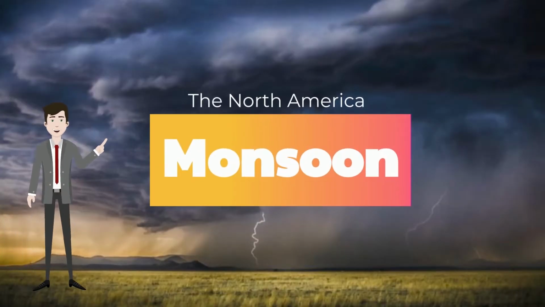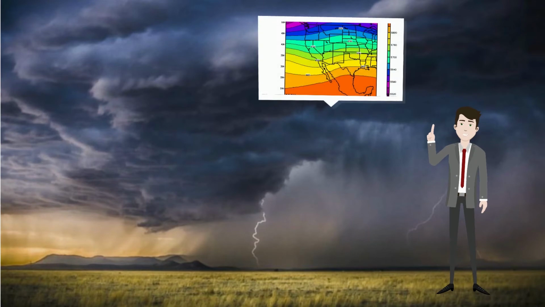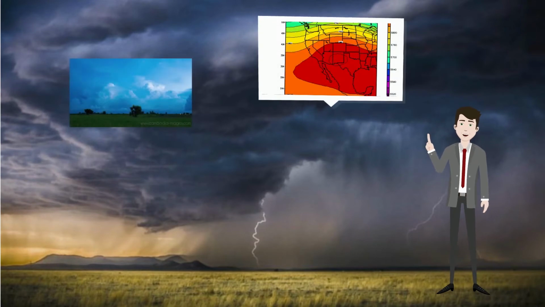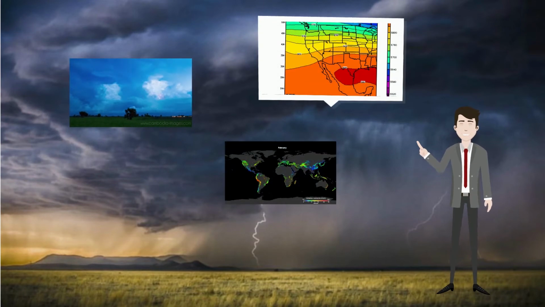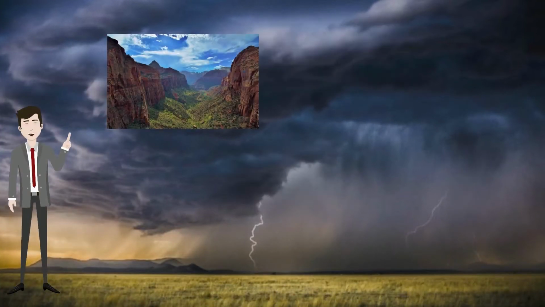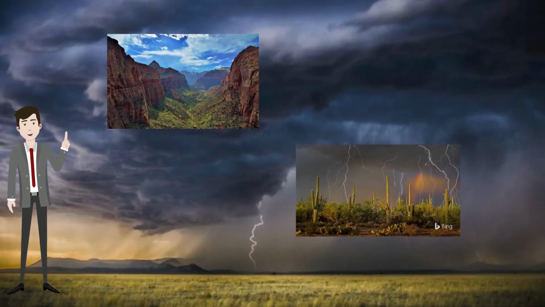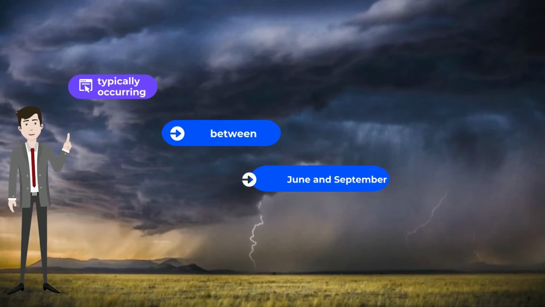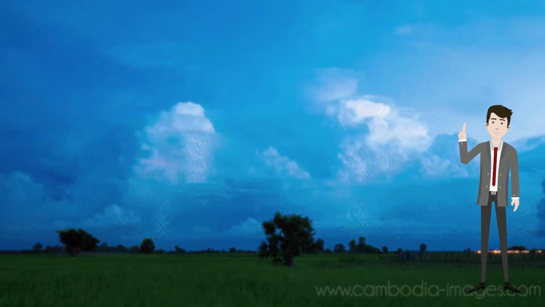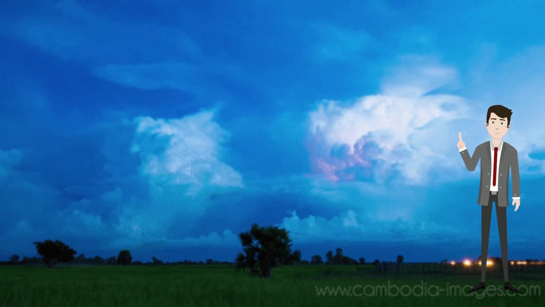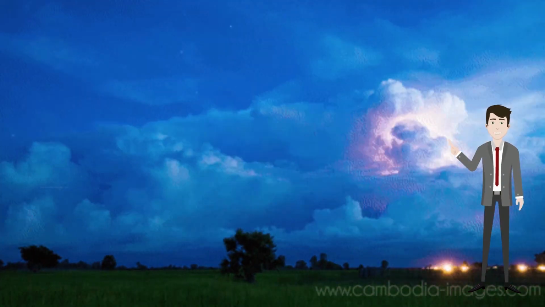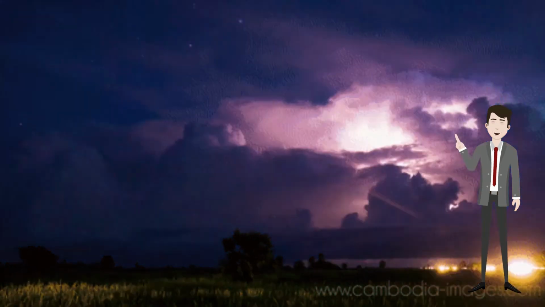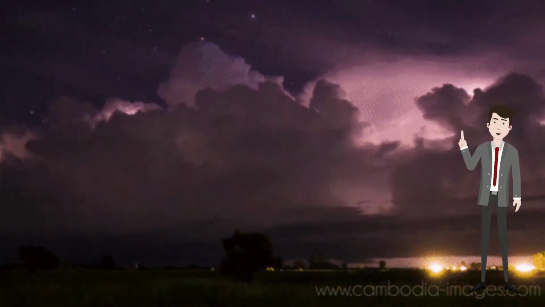The North America monsoon is a pattern of pronounced increase in thunderstorms and rainfall over large areas of the southwestern United States and northwestern Mexico, typically occurring between June and September. During the monsoon, thunderstorms are fueled by daytime heating and build up during the late afternoon and early evening.